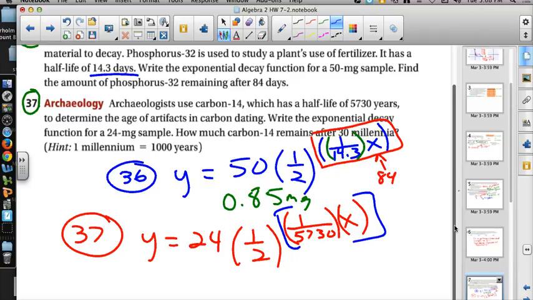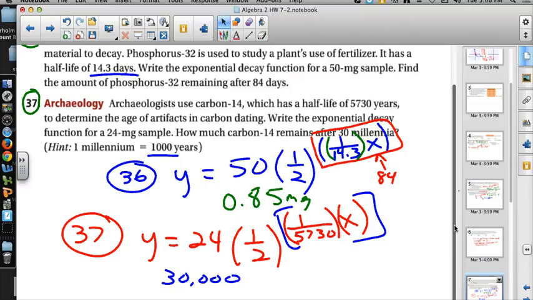And then it says, how much would be left after 30 millennium? Well, each millennium is 1,000 years, so that's 30,000 years that we're talking about for x. So this time I'm going to do this just following the order of operations. I'm going to do parentheses here, 1 divided by 5,730, and then take that times 30,000.